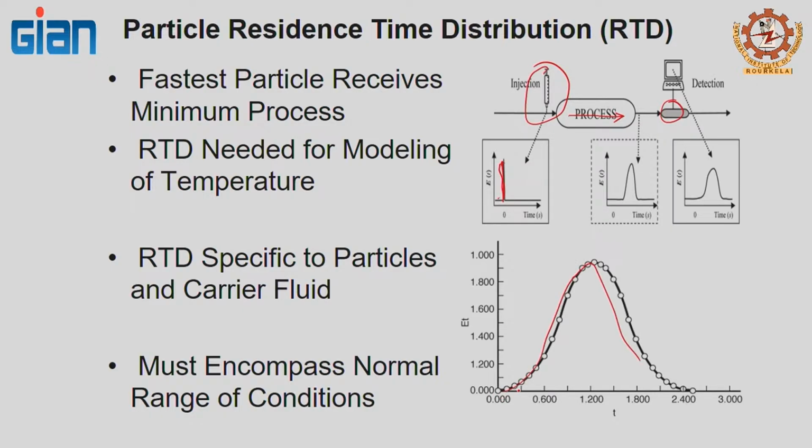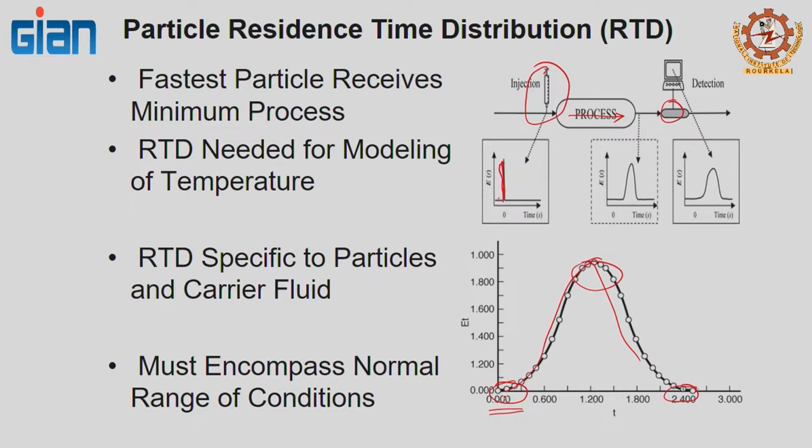So, initially certain particles are going to come through, and then certain particles may take even longer. So, from a processing point of view, these particles are much more likely to receive adequate treatment, whereas I am concerned about this particle here, because this particle is spending less time in my holding tube. So, I want to make sure that my processing is done properly, so that this particle is properly treated.